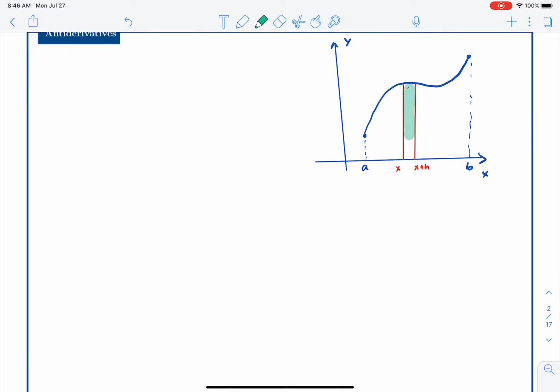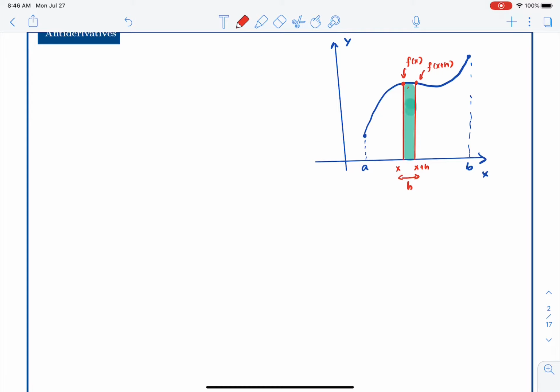And that right there is an area, which we know. And the distance between x and x plus h is simply h. And that point right there is f of x. And that point right there is f of x plus h.